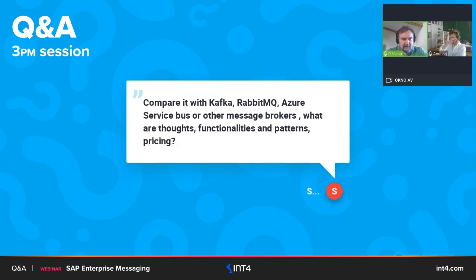Another interesting question. It depends. SAP EM is more focused on events from SAP products, but it also supports message brokers with some restrictions. So I cannot compare in this session Kafka, RabbitMQ, and Azure, which one is the best. They have the same principles, but of course with some limitations or different aspects or more protocols available to make this integration happen.